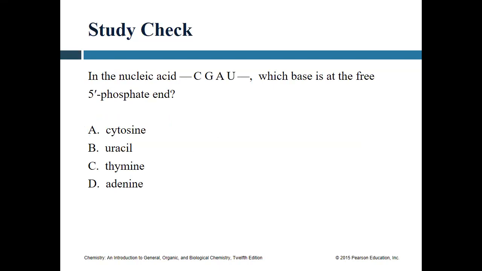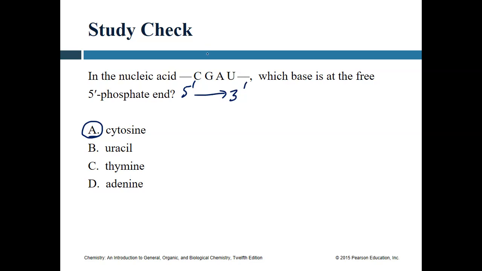All right, which base is at the free 5-phosphate end? Okay. If by A we mean option A, yes. So remember, we go from 5 to 3 as we go from left to right.